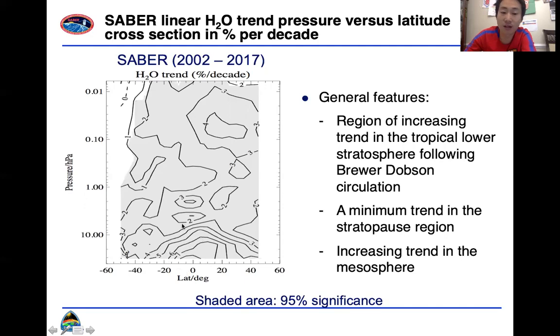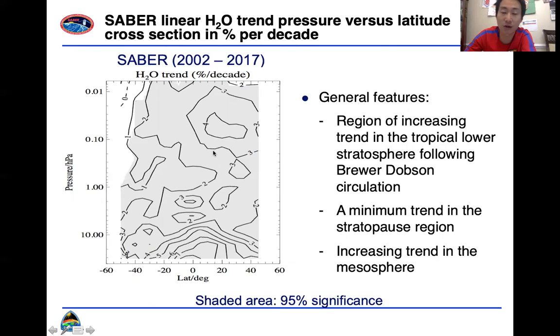This is in agreement with the shallow branch of the Brewer-Dobson circulation, which transports water vapor from the troposphere through the tropopause into the lower stratosphere. And there's a minimum of trend in the stratopause region, and an increasing water vapor trend in the mesosphere.